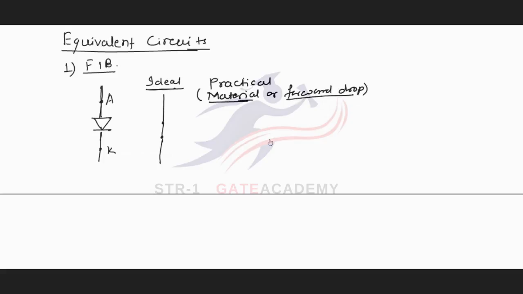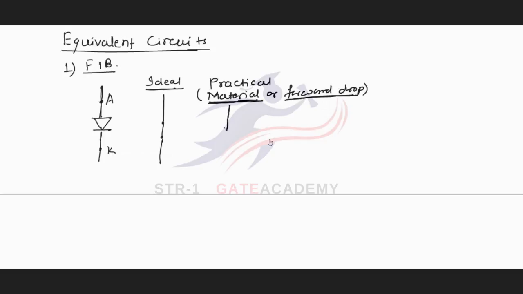For the practical diode, it cannot conduct until the applied electric field overcomes the induced electric field across the junction. In other words, the diode cannot conduct until the applied forward voltage overcomes the cut-in voltage of the diode.